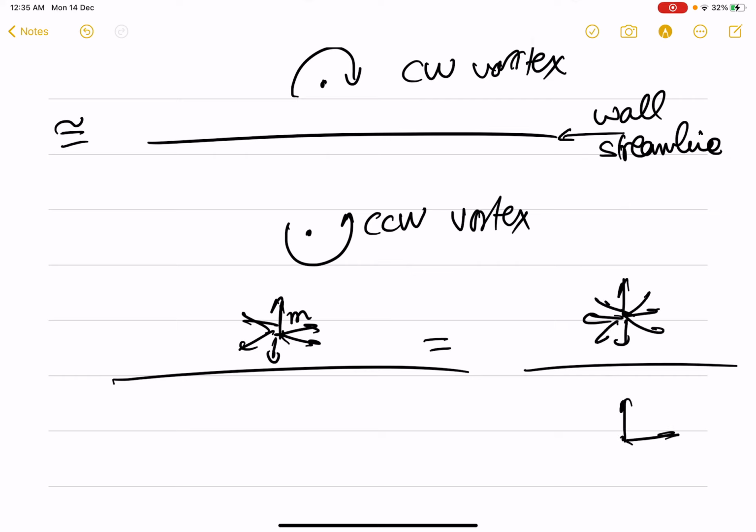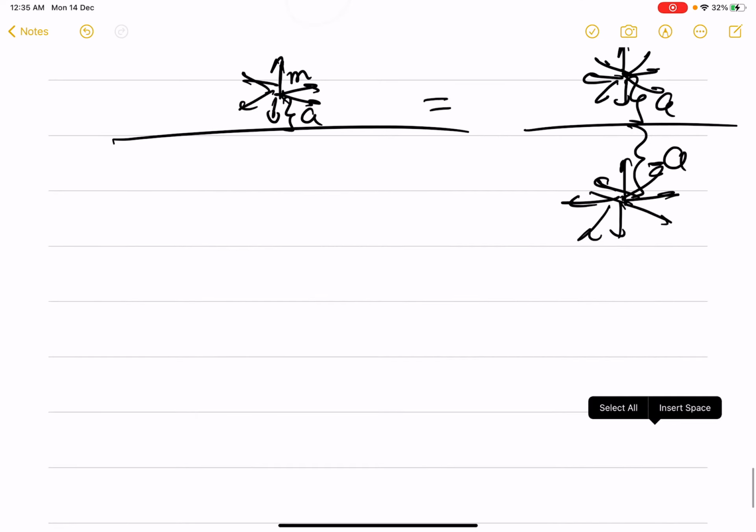Now the mirror image of the source is still a source. So if this is at a distance A from here, then we have to put another source which is an image of this at a distance of minus A.